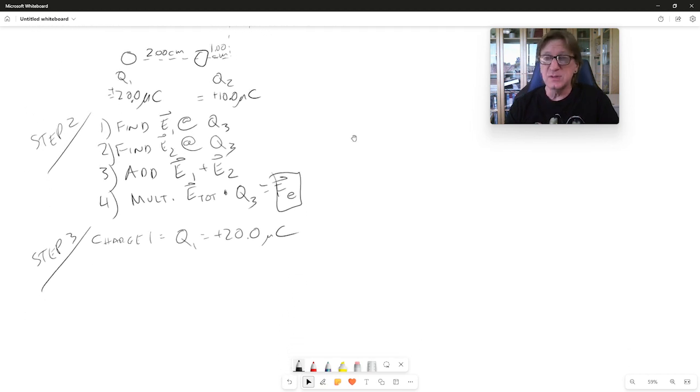It is very useful to go ahead and convert these into standard SI units, into base units, because our equations require us to have coulombs, meters, newtons, kilograms, not centimeters, microcoulombs. However, if you remember your engineering prefixes, micro simply means 10 to the minus 6. So we'll say that that's equal to 20.0 times 10 to the minus 6 coulombs.